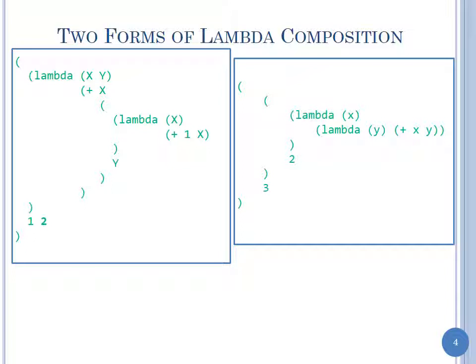Andrew? Wasn't it that the lambda on the right passes back the lambda function as opposed to evaluating the lambda function? So this is the right lambda? This is the one? Okay. So this lambda does what again?